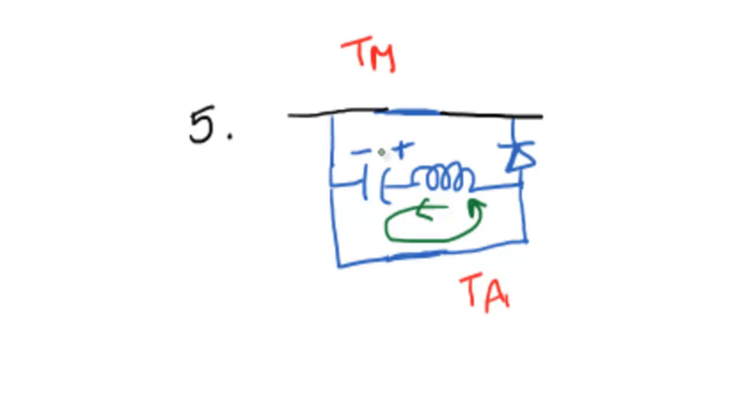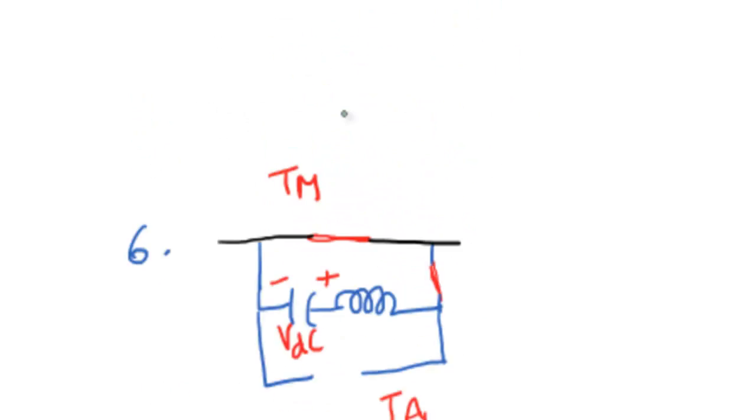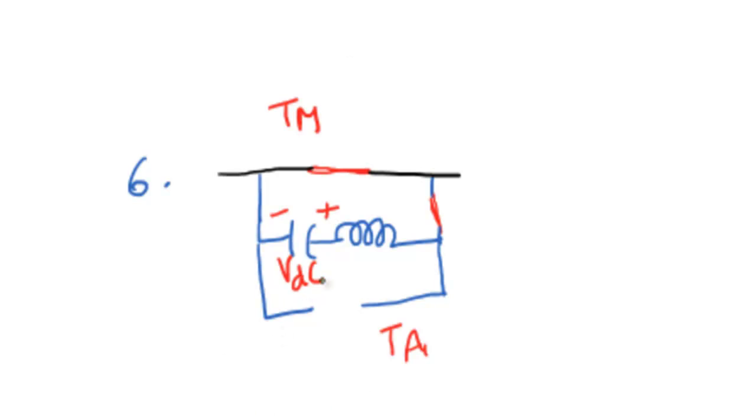So once this capacitor voltage starts increasing to the maximum value, at this point what will happen? The voltage across the capacitor will be maximum, and the current in the tank circuit will be 0. This will happen at 180 degrees after turning on the auxiliary thyristor. So here all the energy available with the inductor will be transferred to the capacitor.